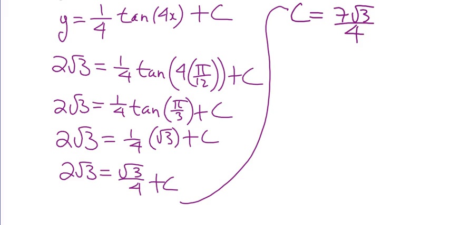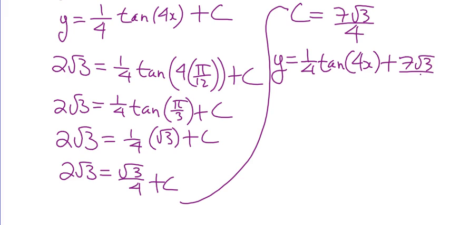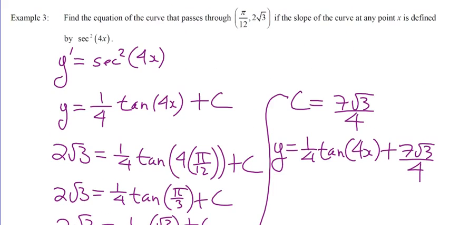Gets a c. You see? So we go back to the original and we fill in the c. And we look at your question again, because by now we've forgotten. Find the equation of the curve. Oh, that's it. That's the equation of the curve that does that.